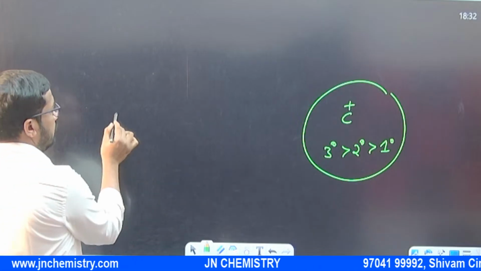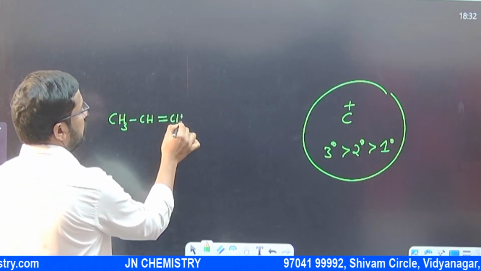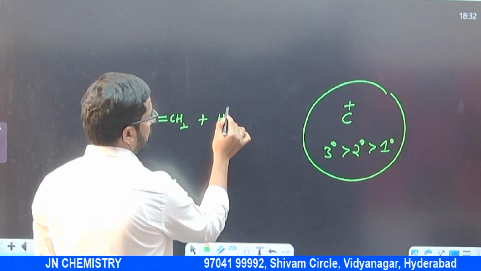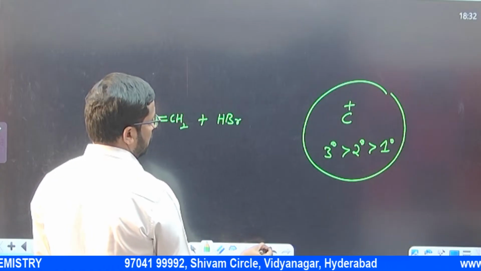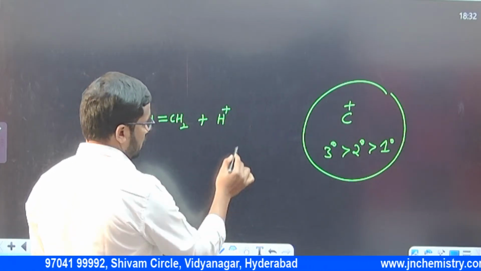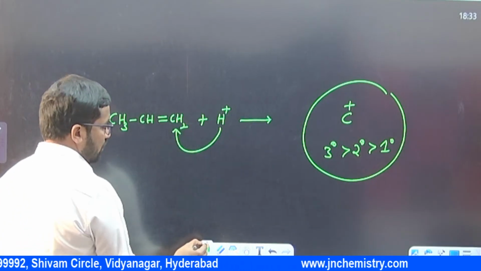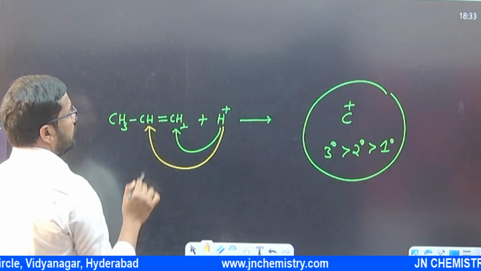Imagine, for example, HBr, and I'm just taking the H plus. This H plus is attacking the first carbon or the second carbon; where is it attacking?